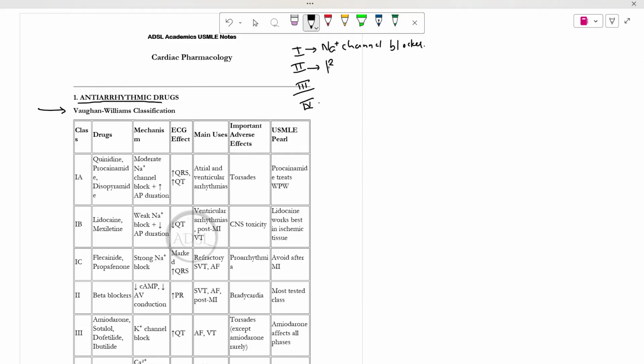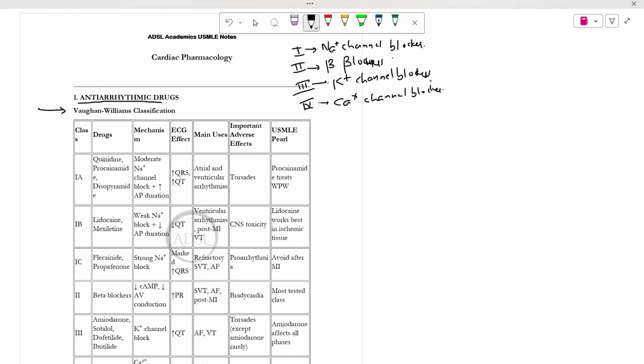Type 2 are beta blockers. Type 3 are potassium channel blockers. And type 4 are calcium channel blockers.